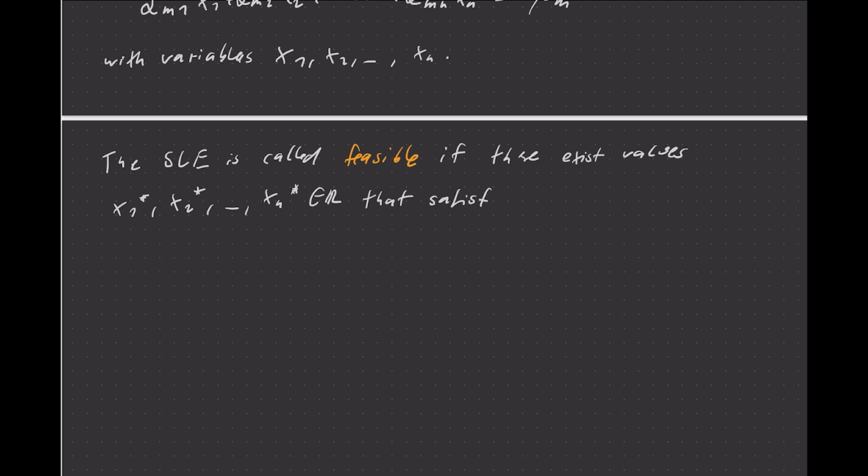And those need to satisfy all equations at the same time. Satisfy all m equations when substituted for the variables. So if you replace the variables above by these constant values and all equations are satisfied, then that is a solution. And if such a solution exists, the system is called feasible.